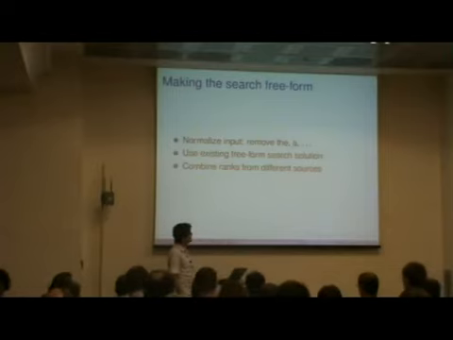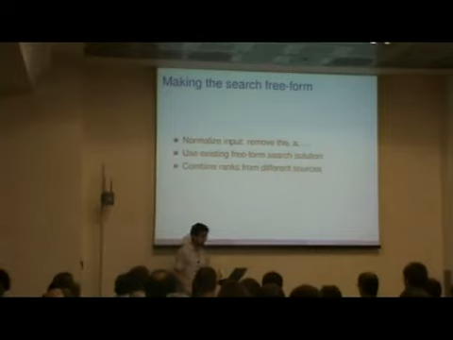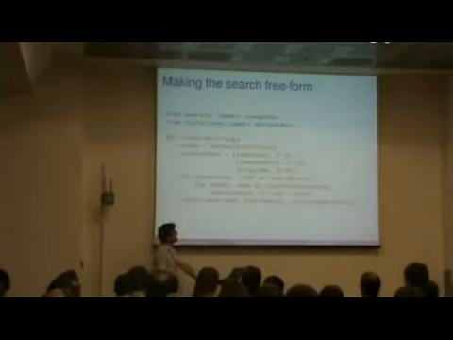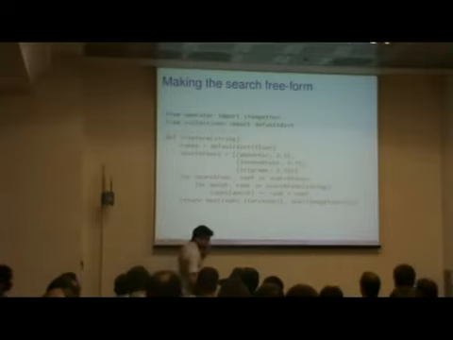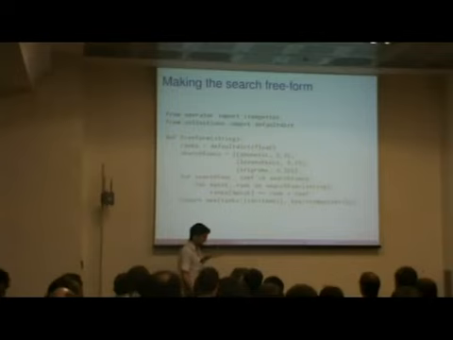And well, to do the exact correct geocoding, you have to combine rankings from different sources. So something like this, where phonetic, Levenshtein, and trigrams are functions that do this stuff. So they do the phonetics, Soundex, and everything like that. So you just get all the results from each function.